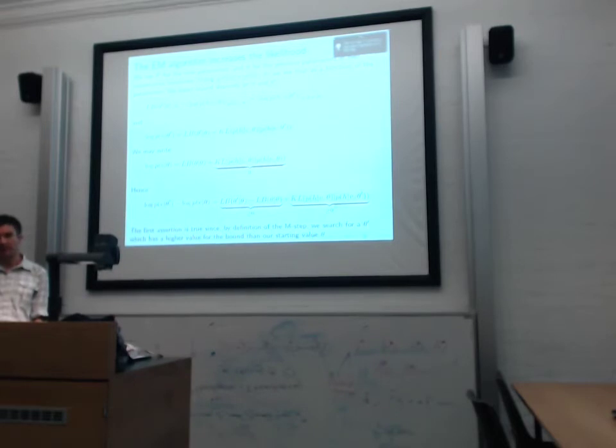So this KL divergence is greater than 0. This means that if you choose your theta prime to be such that it has a higher lower bound than your current theta, which is what you would do, the M step says choose a theta which maximizes the energy, which is equivalent to maximizing the lower bound for a given theta. So by definition, your M step cannot decrease this term here.